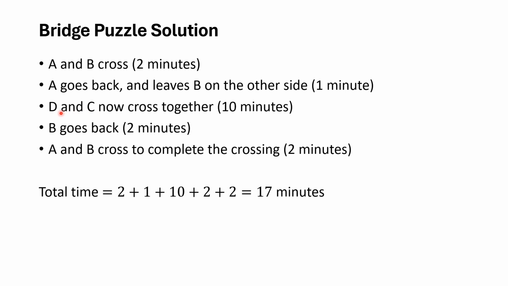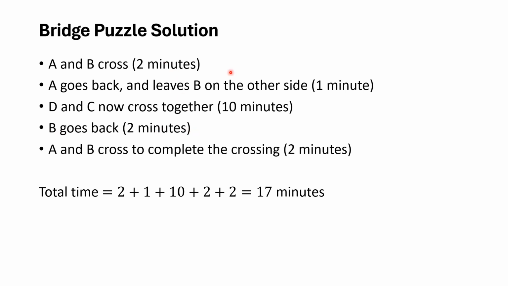Now here's the tricky part. You actually let the 2 slowest folks go across now. So D takes 10 minutes and C takes 5, so they're constrained by the slowest of the 2. So it takes 10 minutes. Of course, they're carrying the lantern. And then because B was left on the other side, it's only going to take Beth 2 minutes to come back.